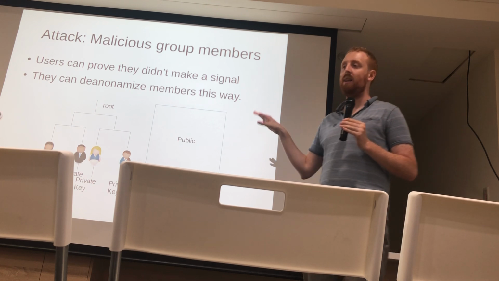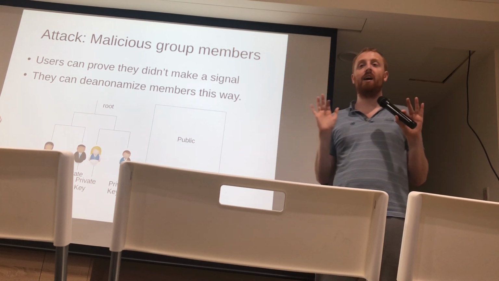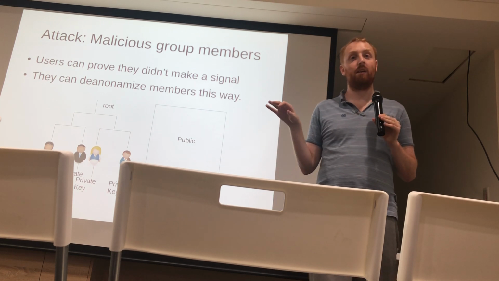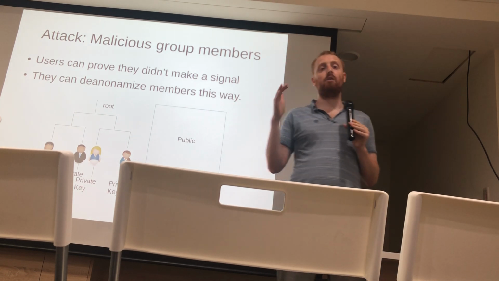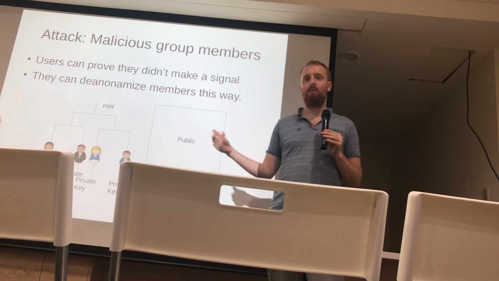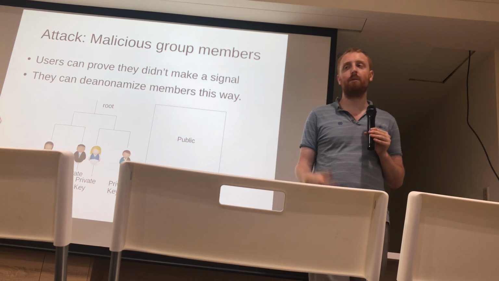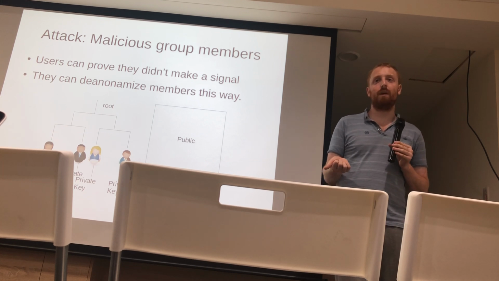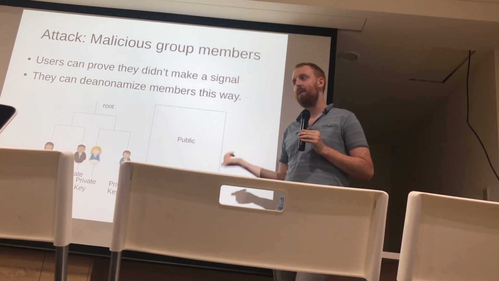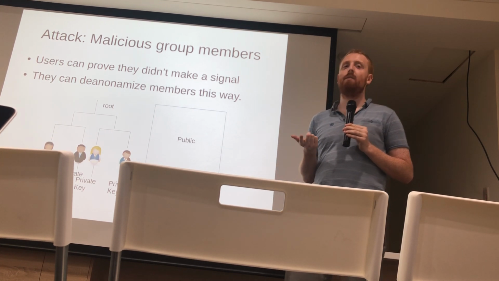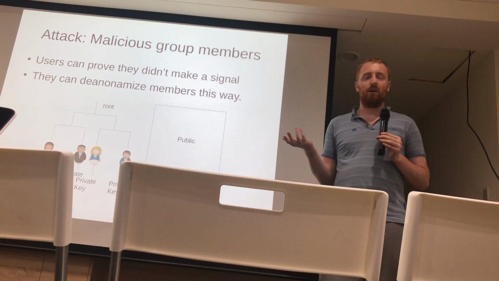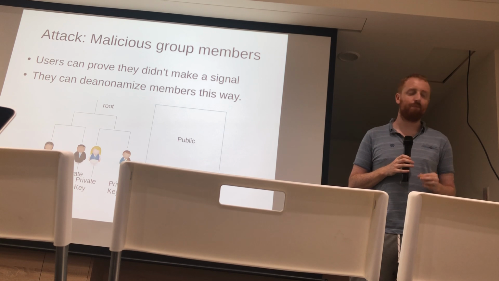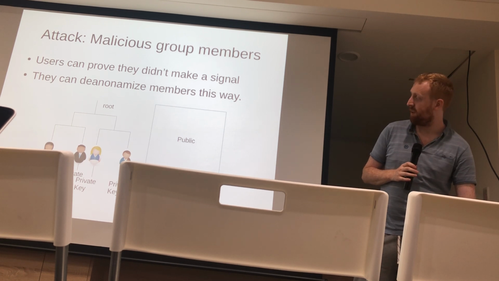Then hopefully the members of the group could justifiably say, I can't prove that I made that signal because I deleted the private key, the public key. You could update the tree every epoch with a new public key. But the problem with that is that it's very expensive to pay the gas to do the updates. Another problem is that some members mightn't do it. So that's a problem.